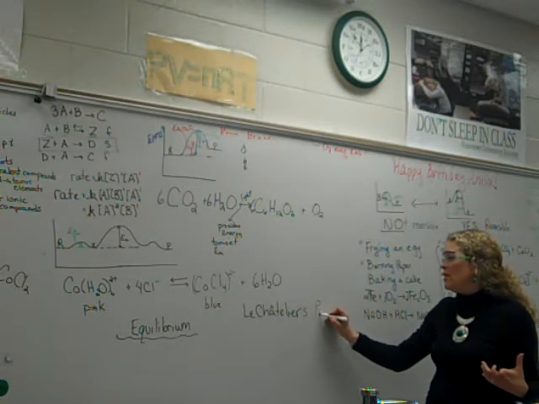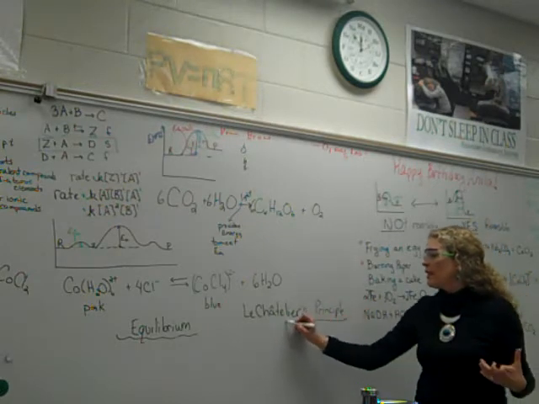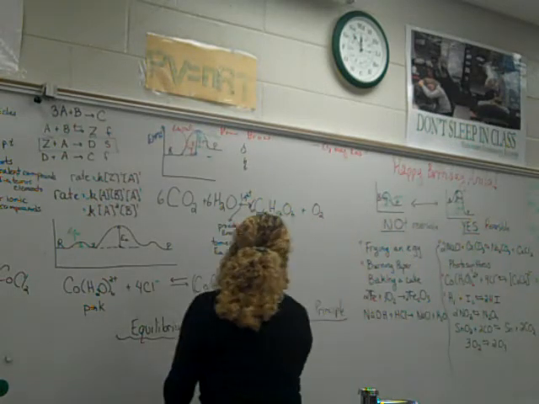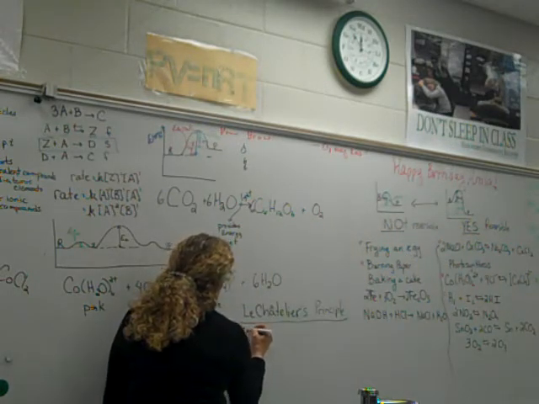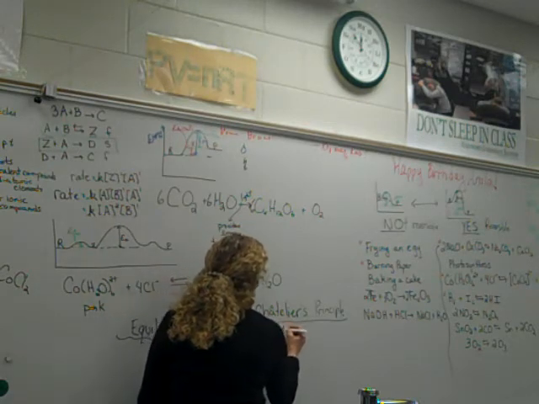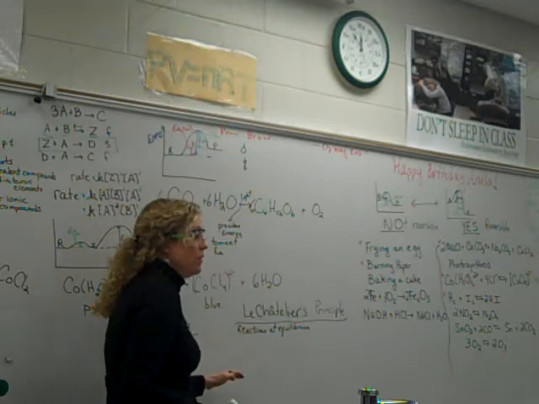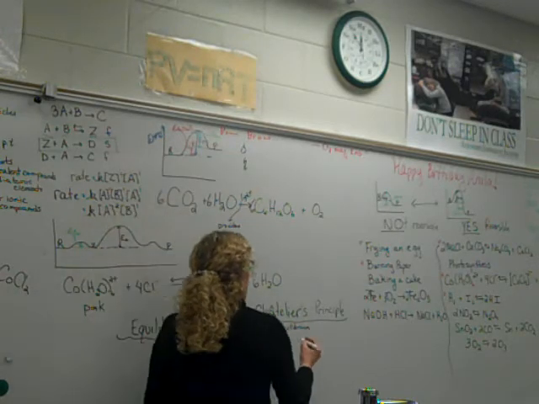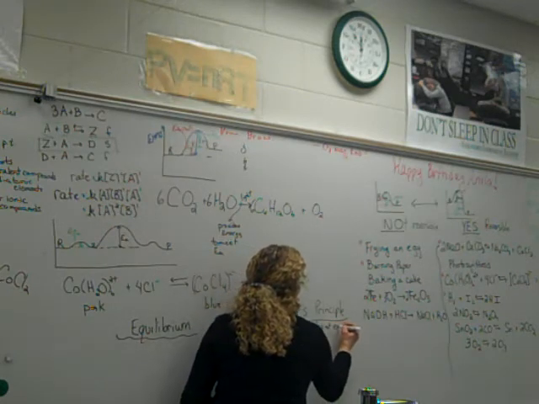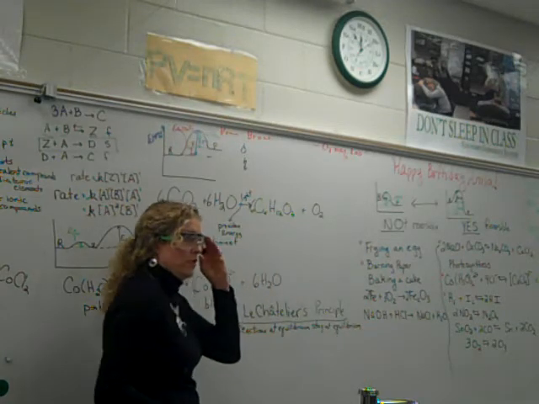So he came up with Le Chatelier's principle, which basically says reactions at equilibrium, and only reversible reactions can form an equilibrium, okay? Reactions at equilibrium stay at equilibrium. That's kind of the simple phrasing of his principle, okay?